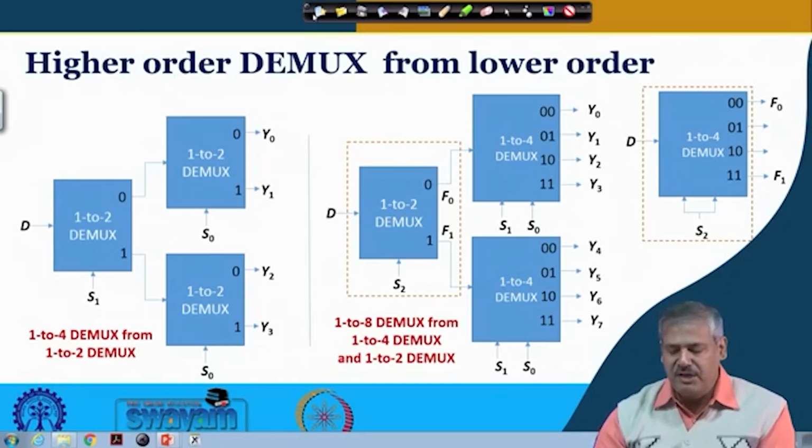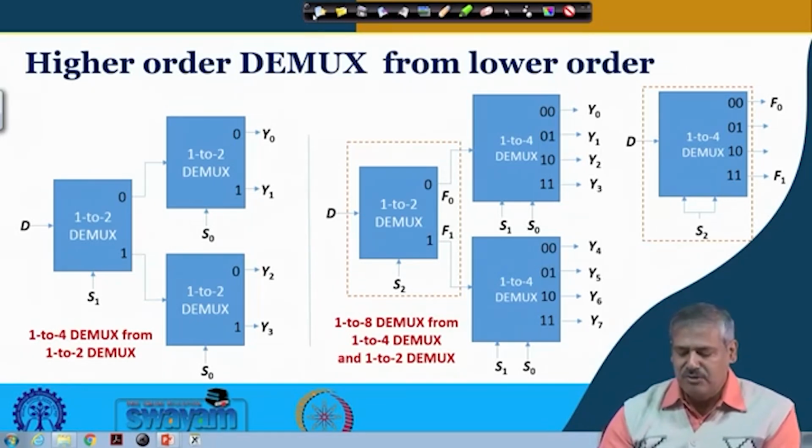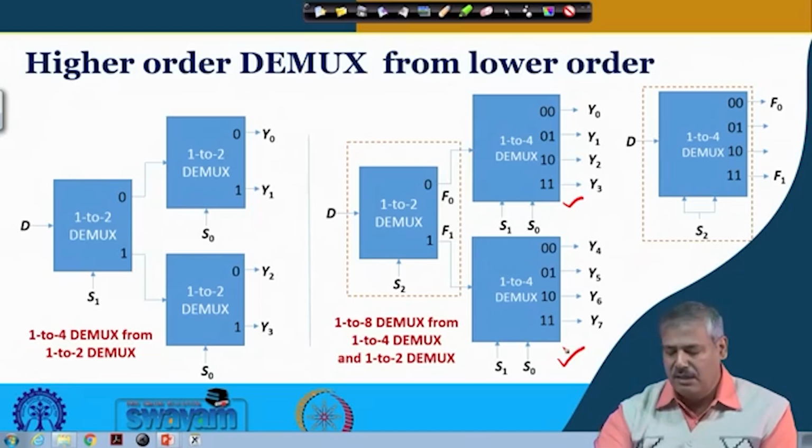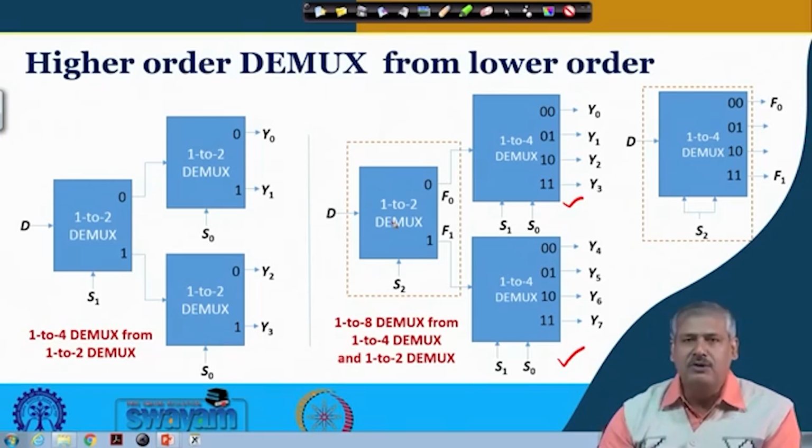Similar thing can happen for a 1 to 8 demultiplexer using lower order ones. We have a 1 to 4 demultiplexer here and another 1 to 4 demultiplexer in the cascaded second stage, and before that a 1 to 2 demultiplexer.